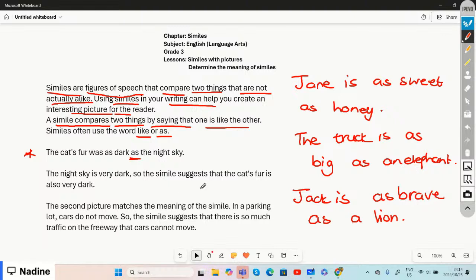Another one is, we can even say, my sister swims like a fish. If I say my sister swims like a fish, what do you think that means?